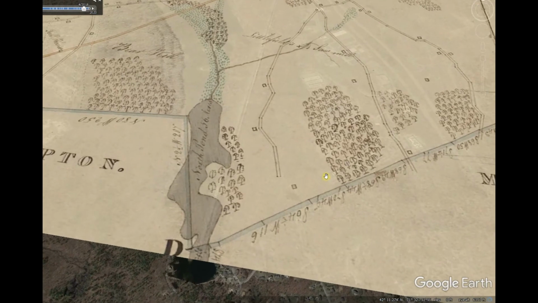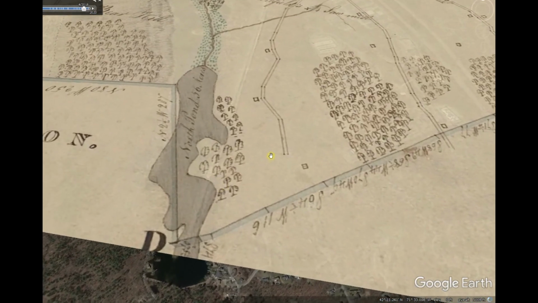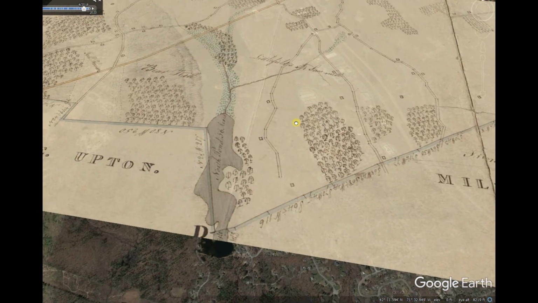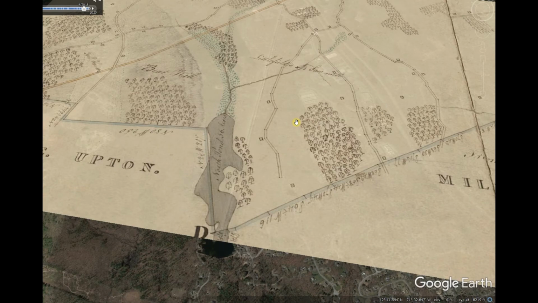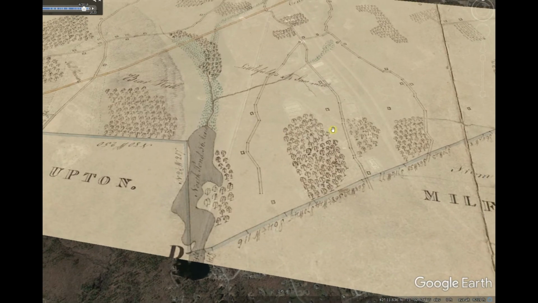And in my research and looking on Google Earth, and I've done a lot of hiking in the area, the question as to why it was called Old Town Road, it seems to me that this is the New Town Road, and this was put in 1732.